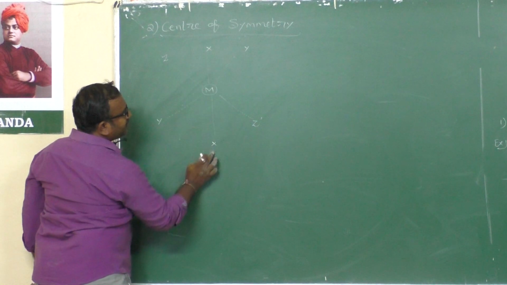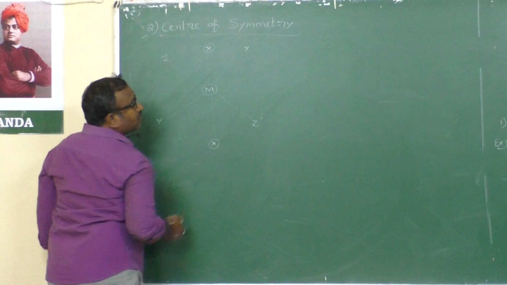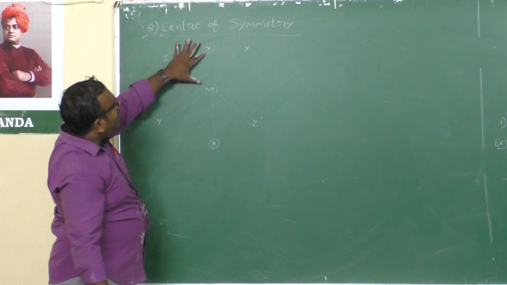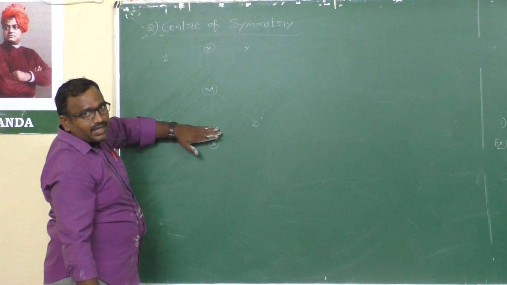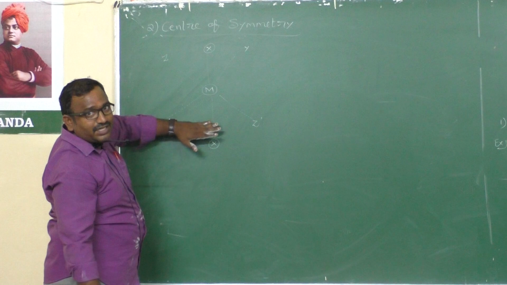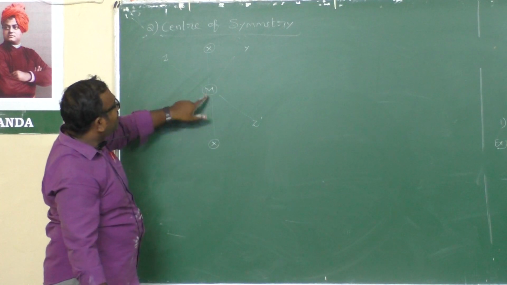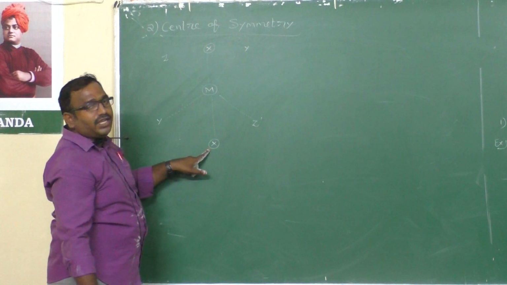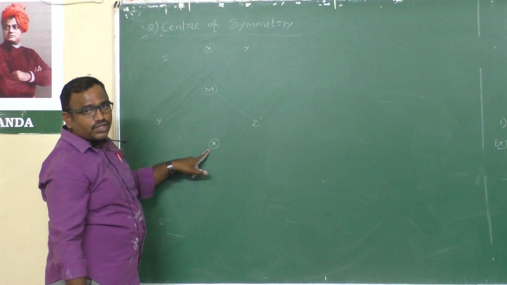Here in this molecule, two same groups or atoms are present at the same distance in opposite positions. Here X and X are present in opposite directions with the same distance from the center of the molecule.